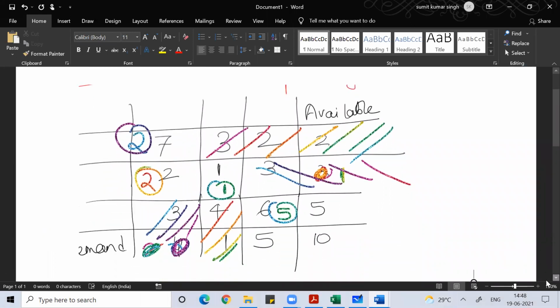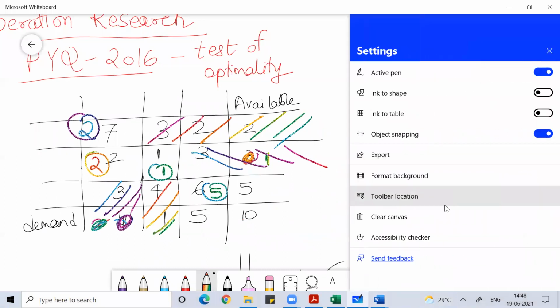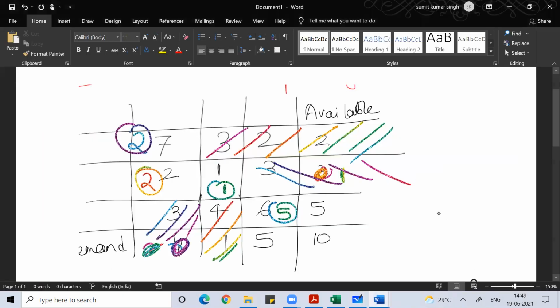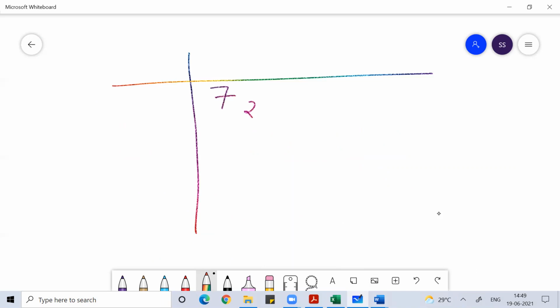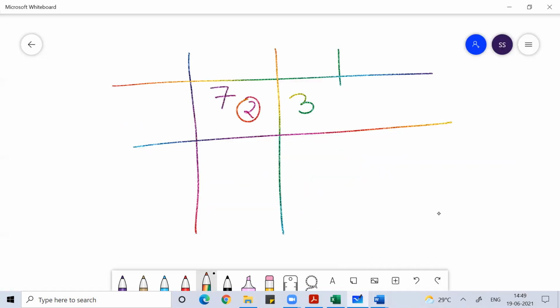Fine. Now let me just erase this. Once I got the solution, now if I see the initial basic feasible solution, let me copy the data. So the allocations are 2, then 3, then 2.